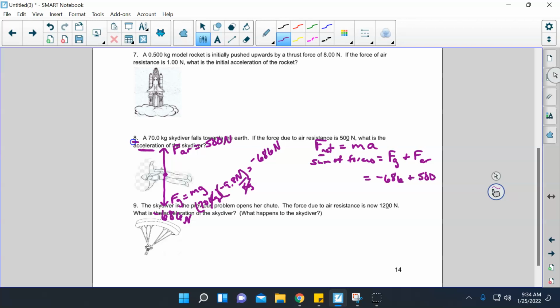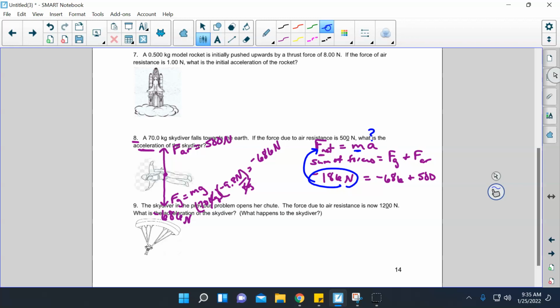Looks like I get my force net being negative 186. Okay, now this is my net force, so I can put that up here. I know the mass. Now I can figure out what they want me to figure out, the acceleration.